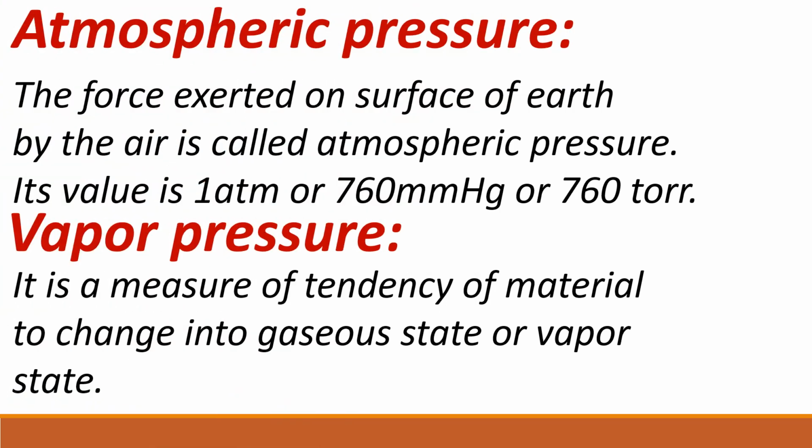First of all, I will tell you about pressure. What is pressure? The force exerted on an area. What is atmospheric pressure? The force exerted on the surface of earth by the air is called atmospheric pressure.